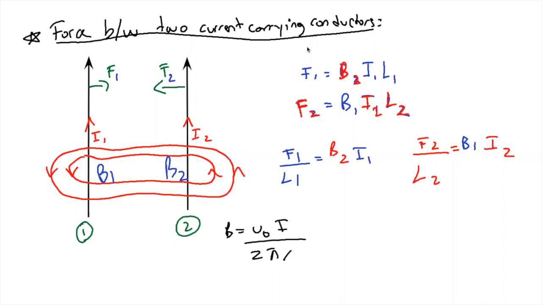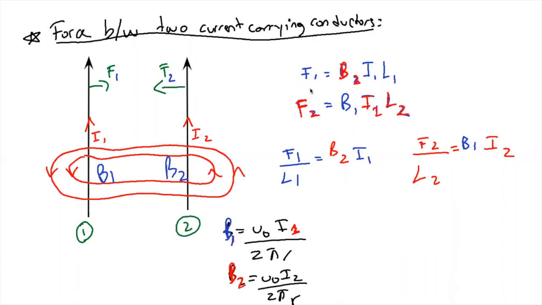Now, what if I say this is for 1, right? This is B1 and I1, right? And this is for 2, U naught, I2, and 2 pi r. Now we're going to substitute this B1 and B2 into their respective places, right? So this is B1 and this is B2, right?